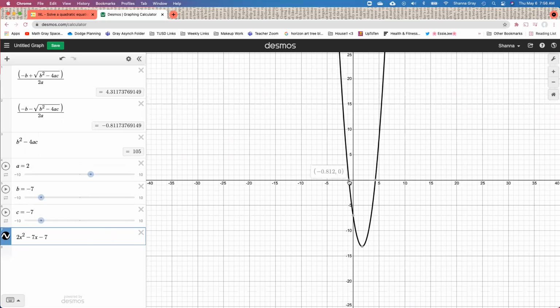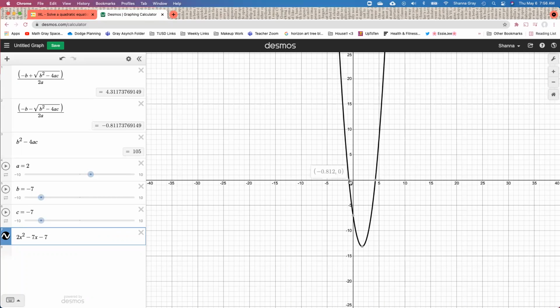And then when I look at where they cross, it is what it lists over here on the side, right? So that -0.812, that's what I round to if I get the nearest thousandth. And then if I round to the nearest thousandth on the other one, I get 4.312.